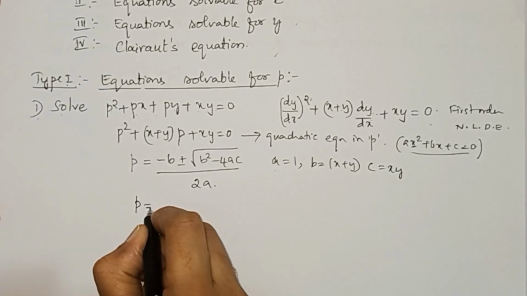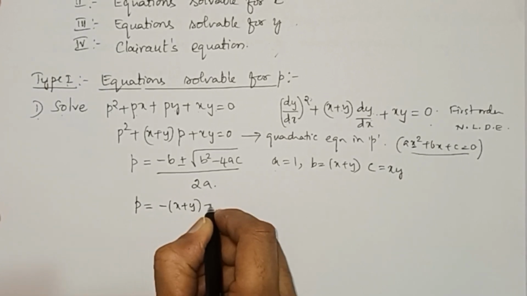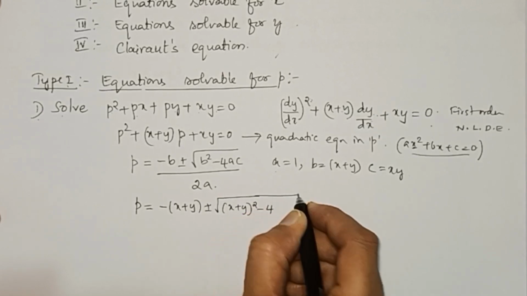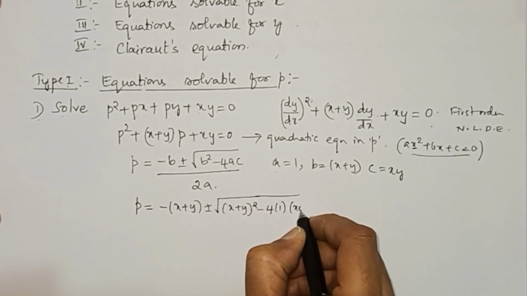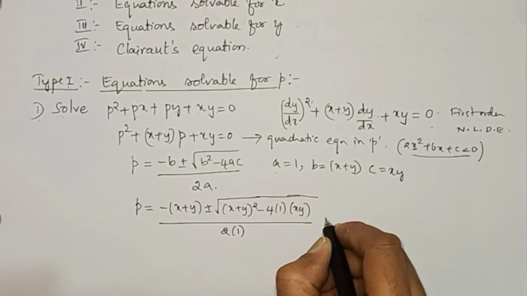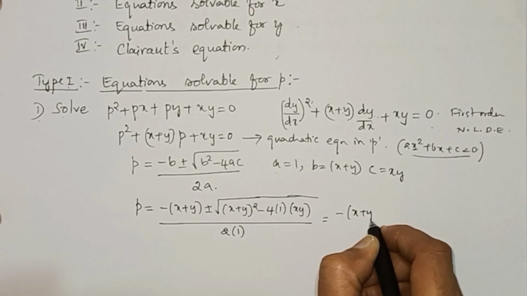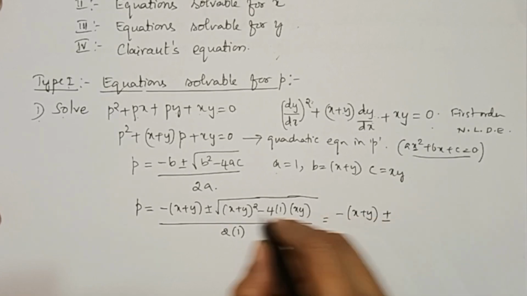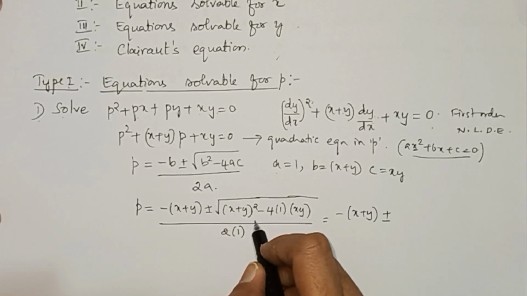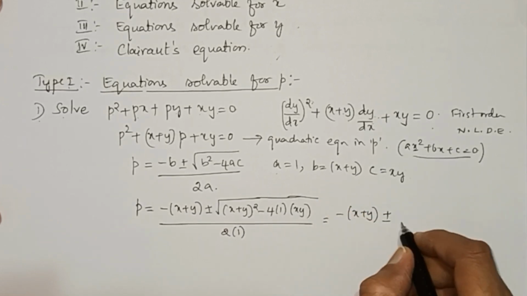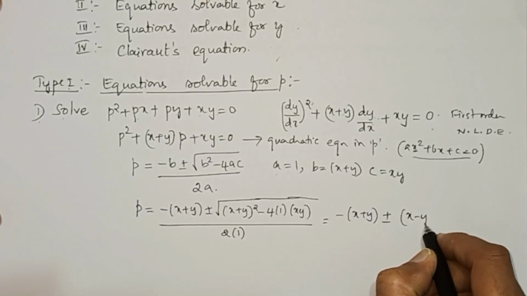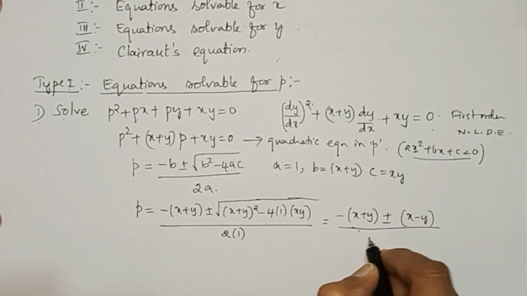So p equal to minus x plus y plus or minus square root of x plus y whole square minus 4 into a is 1, c is xy divided by 2 into a is 1. So minus of x plus y plus or minus this is square root of x plus y whole square is x square plus y square plus 2xy minus 4xy. So that is x minus y whole square. Square root square cancels, you will get x minus y divided by 2.